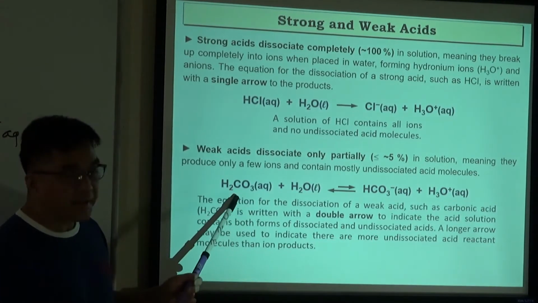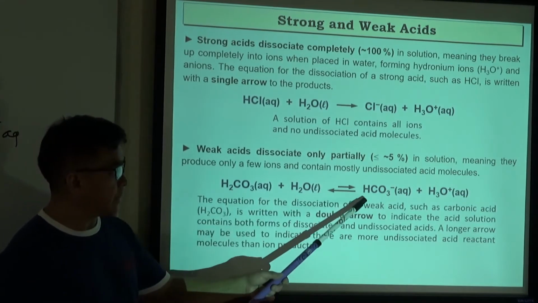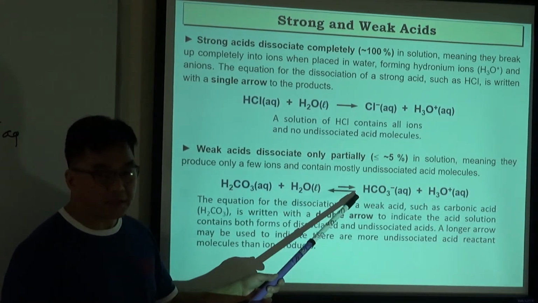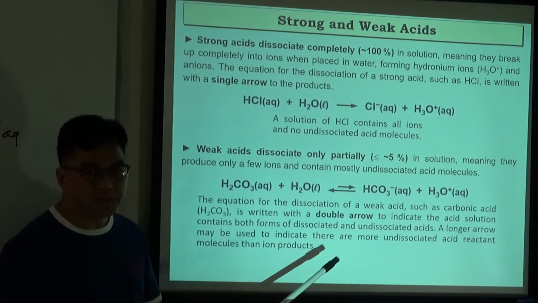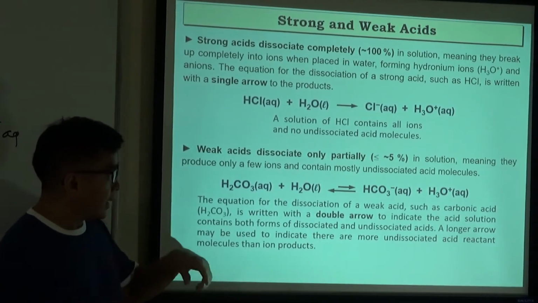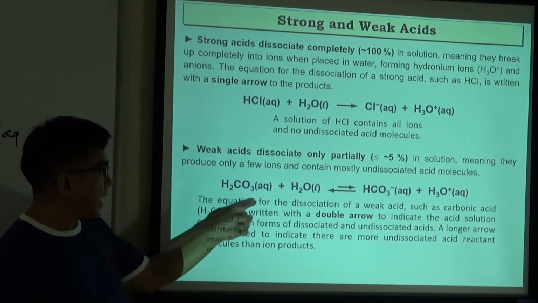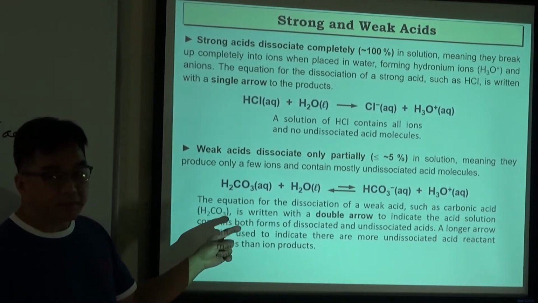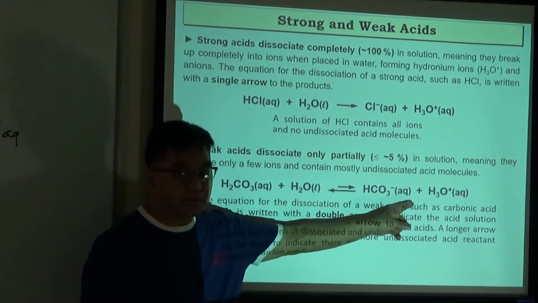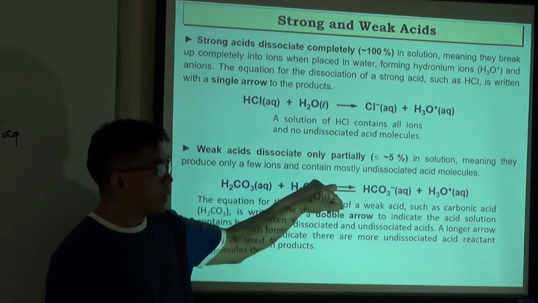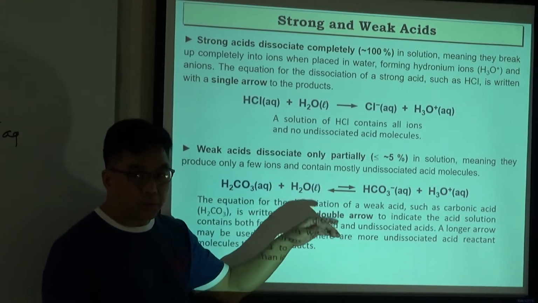After carbonic acid loses that first proton, it becomes hydrogen carbonate, or bicarbonate, which is a common name. Initially, if you have 100% carbonic acid and none of the ions, the forward reaction is going to produce ions.